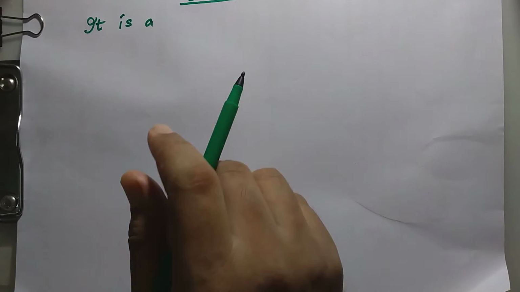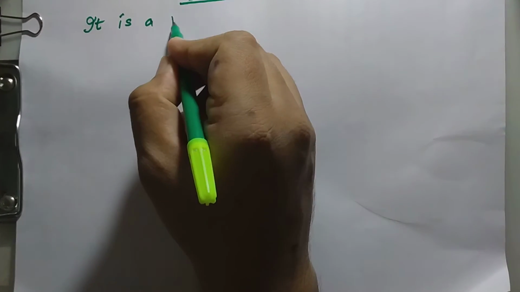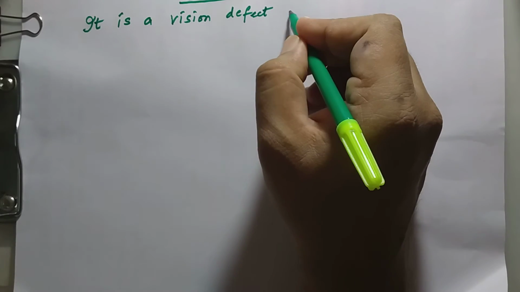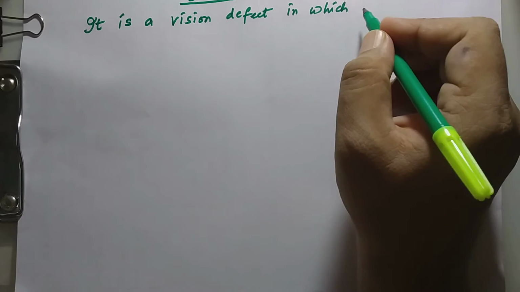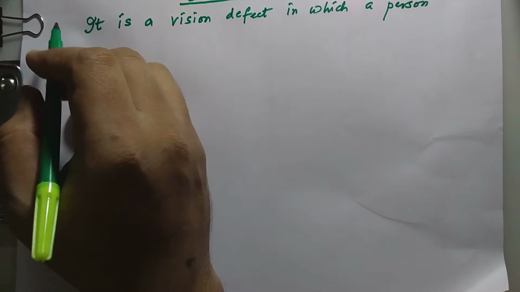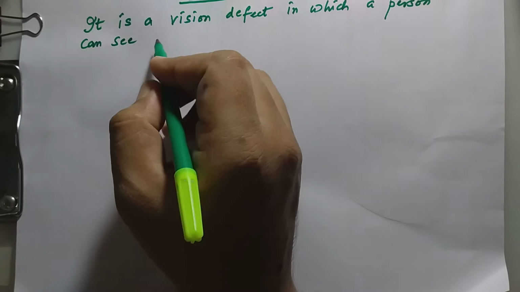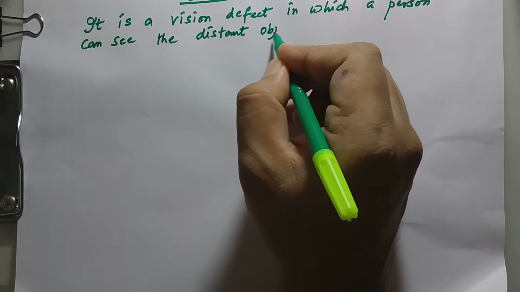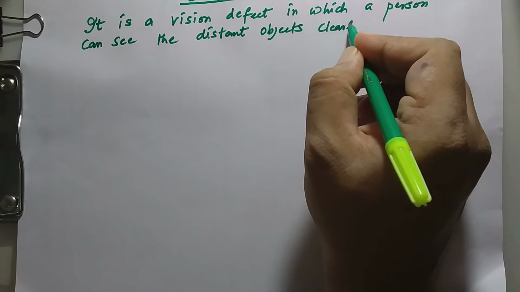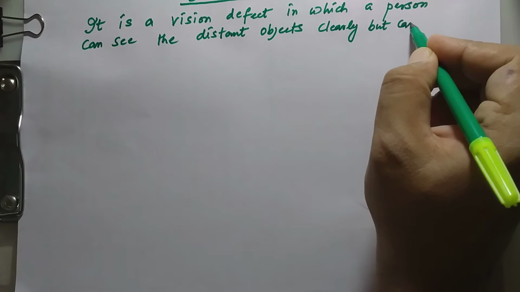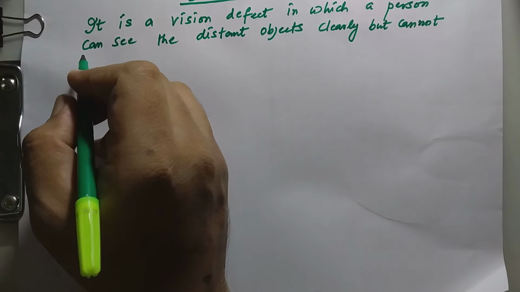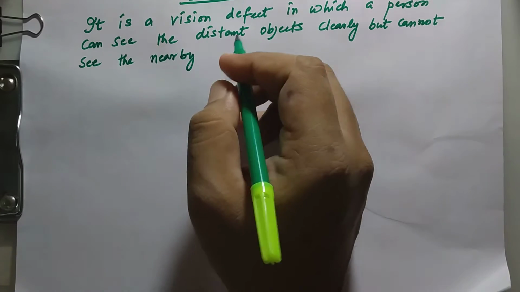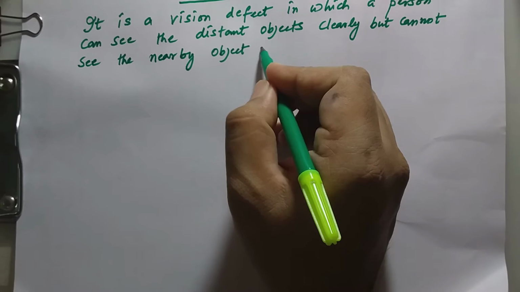So you can write, it is a vision defect in which a person can see the distant objects clearly but cannot see the nearby objects clearly.